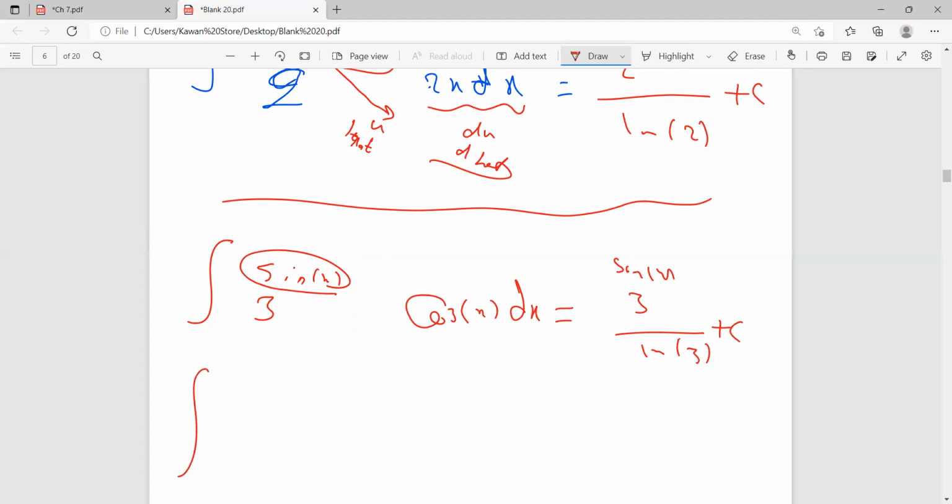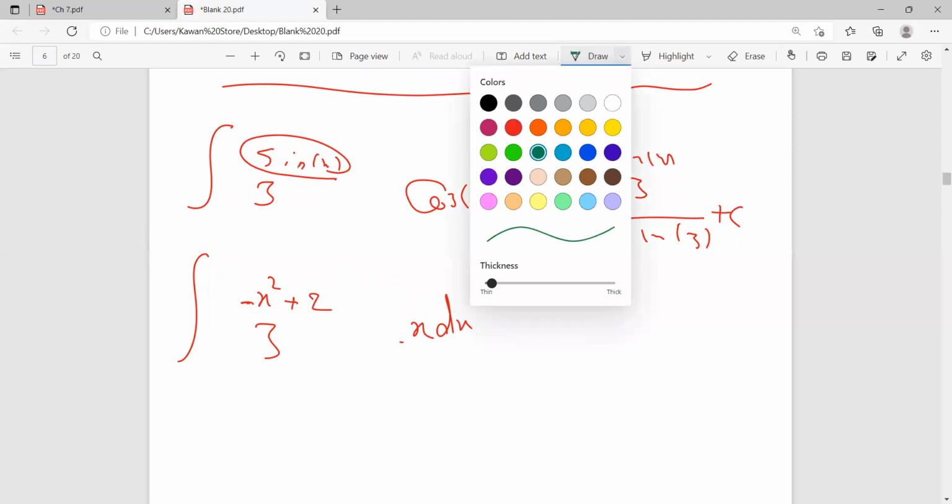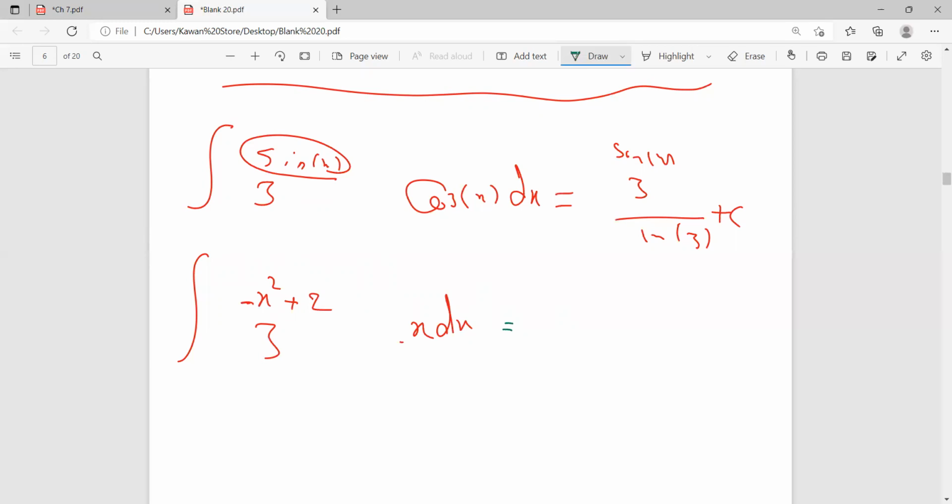Last example on A. Write down 3 to the power x squared minus x squared plus 2x dx. Okay, 3x squared plus 2.